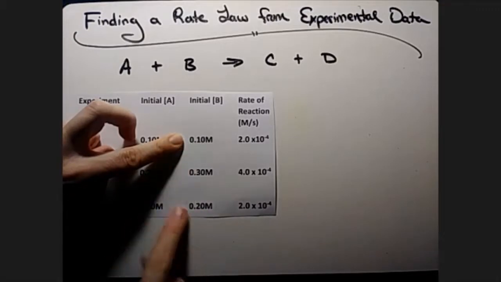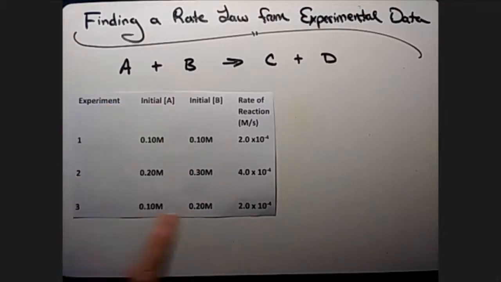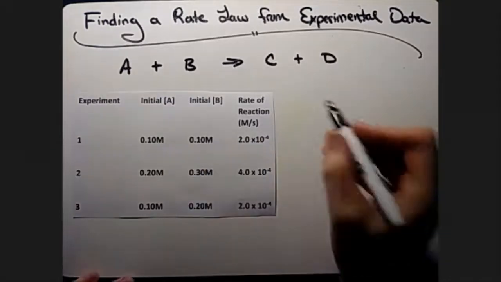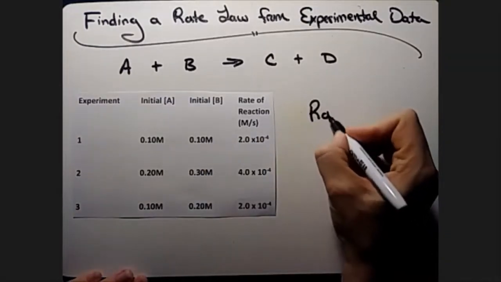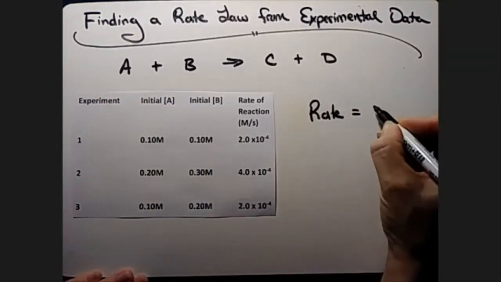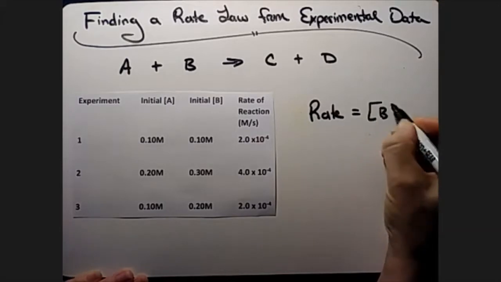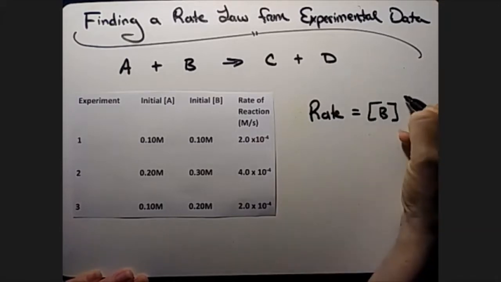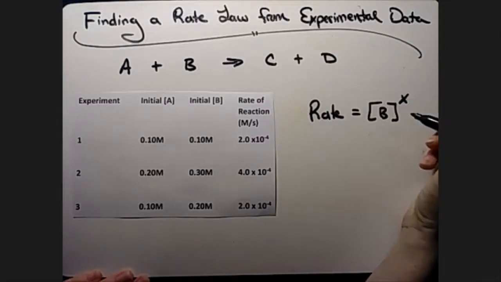Can you see that you've doubled the concentration? So if I'm examining this, what I'm really looking at here is what is the effect of rate when I change the concentration of B? And I'm really trying to figure out what is this exponent right up here.